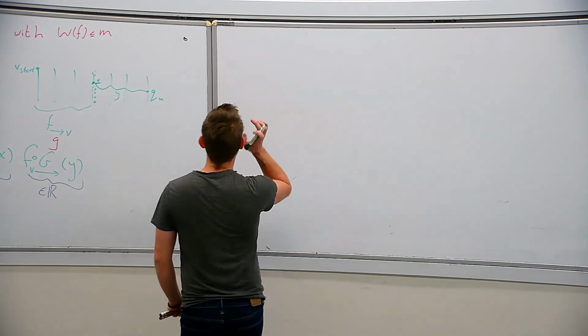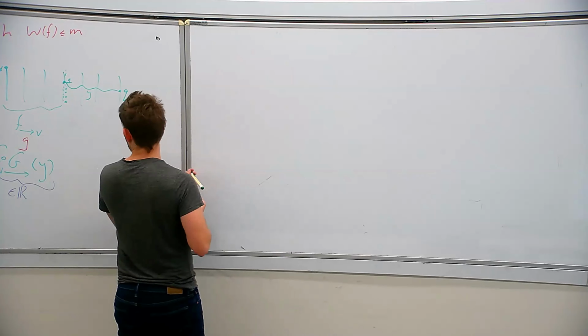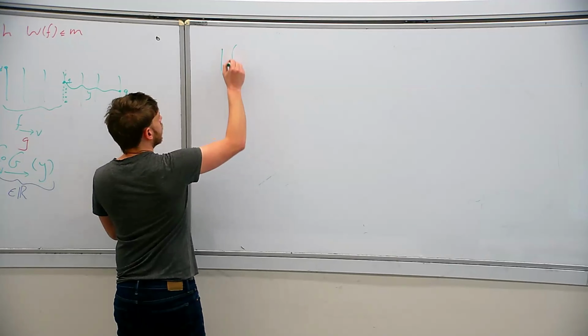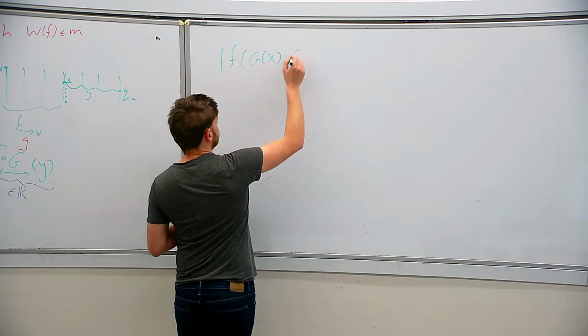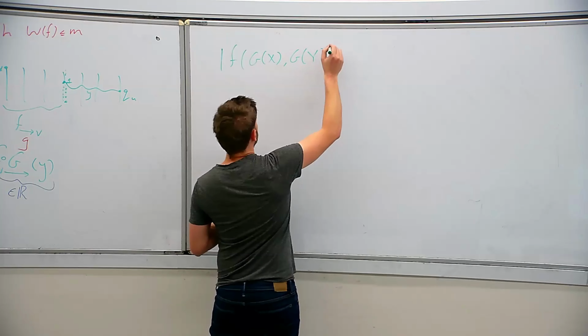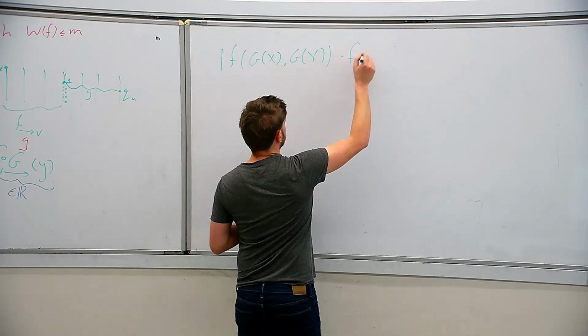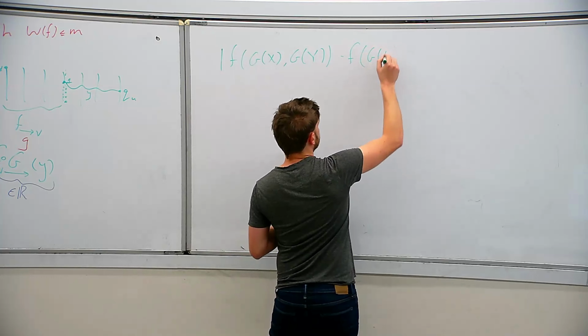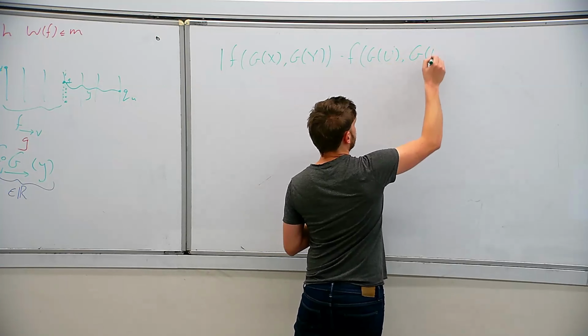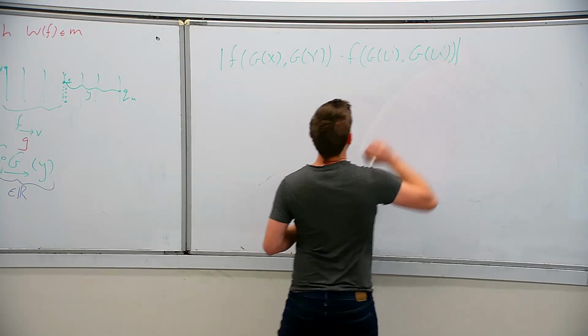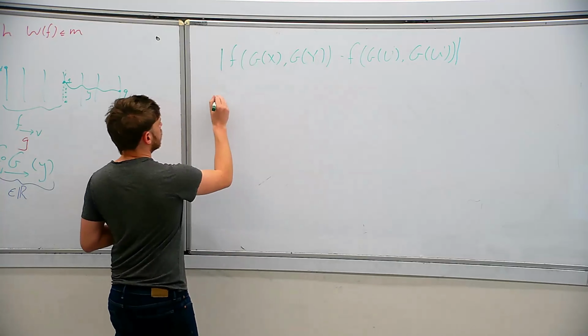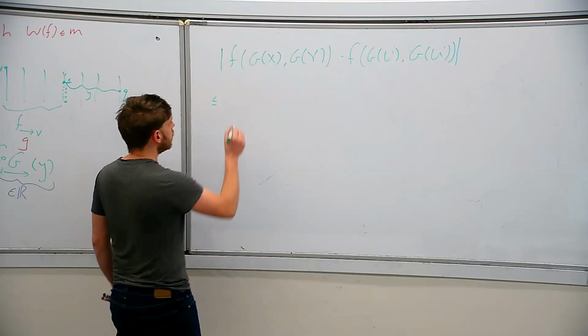Okay, so we found F of G is I minus F of G mu prime. And now that's conditioned on the vertex in the middle.